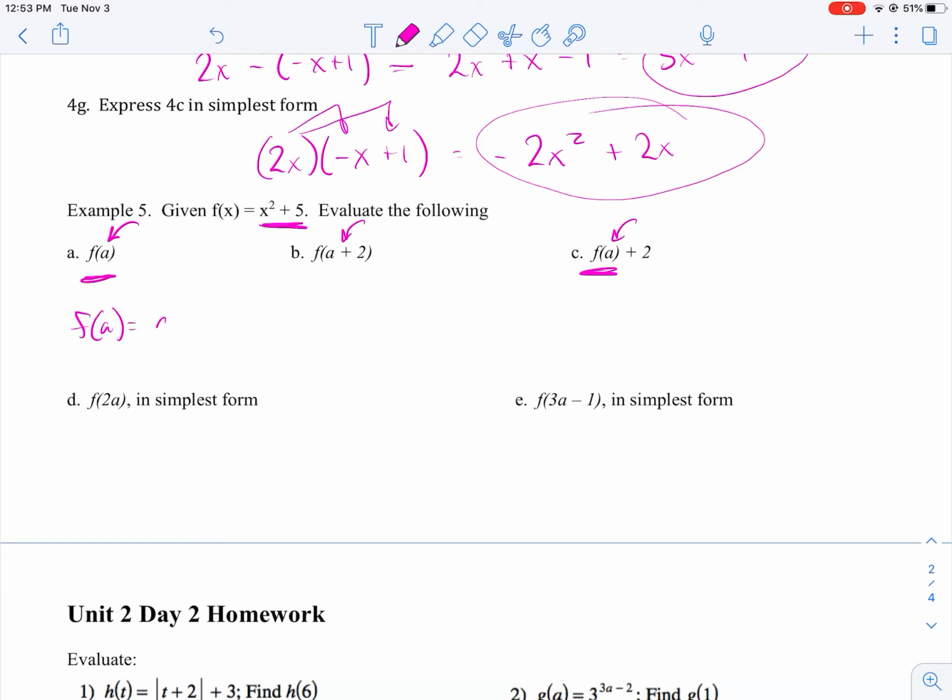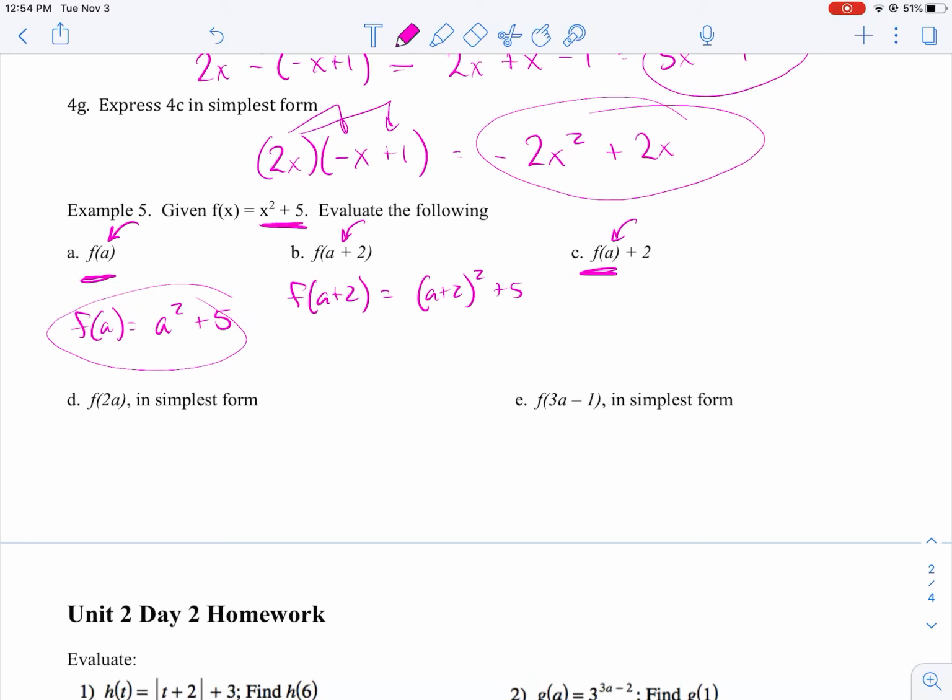So anywhere you see an x, put an a, and there's our answer. All right, let's go down to the next one. Same process, except now I want to take a plus 2 and put it anywhere I see an x. So a plus 2 squared plus 5. And again, it doesn't say to simplify, so I leave it just like that.